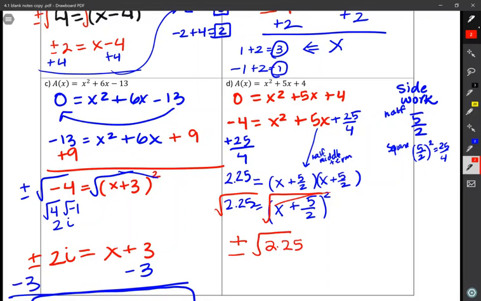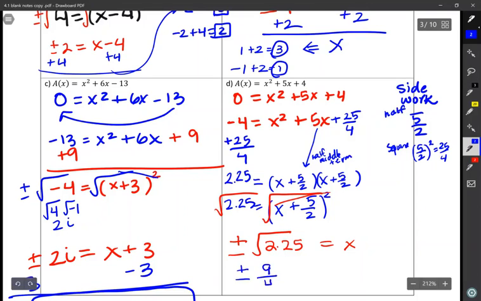You know what? Let me rewrite it, and I'll show you right now why I leave it as a fraction. This is the same thing as 2 1/4. If I look at this right now, I don't know what the answer is. But if I leave it as a fraction, 2 1/4 is the same thing as 9 over 4.